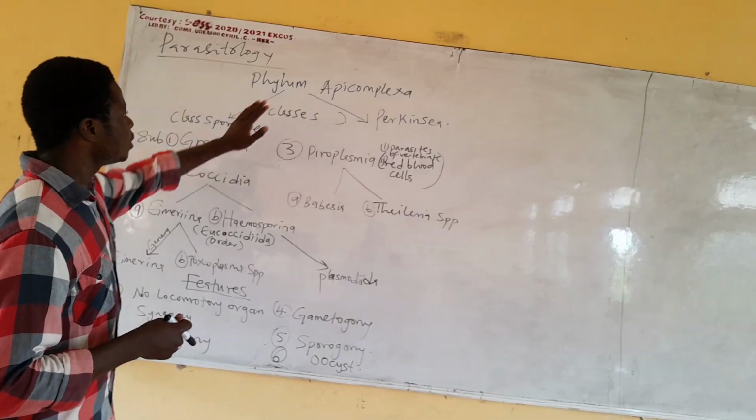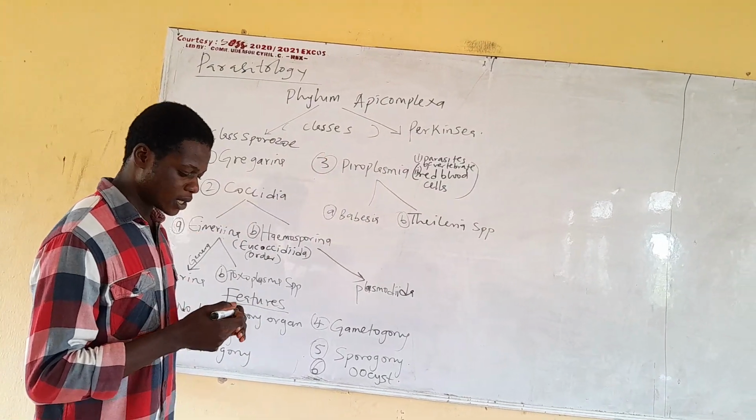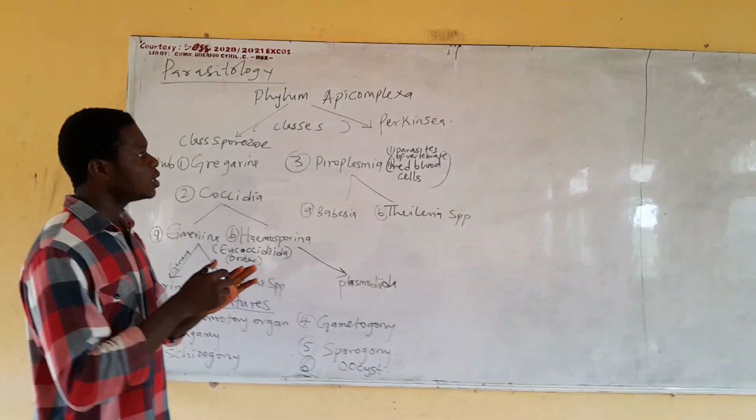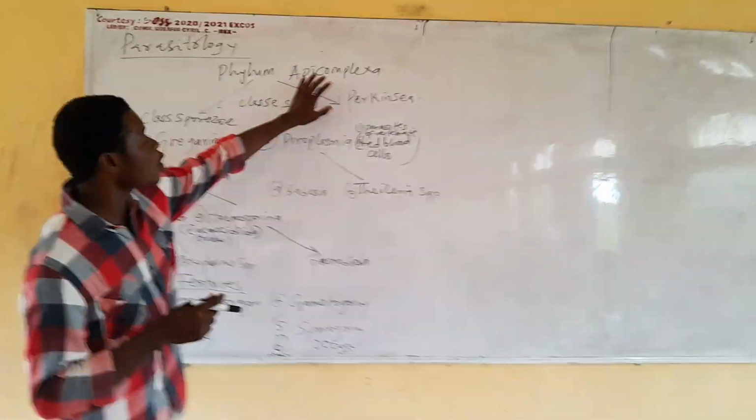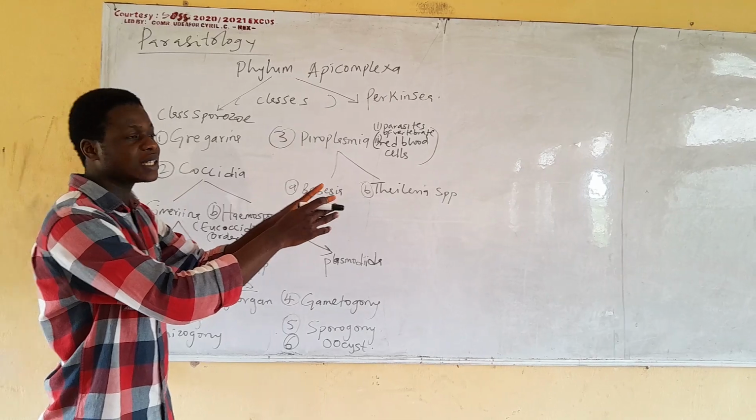So the phylum Apicomplexia, and what is the meaning of Apicomplexia? Like we said in our former class, Apicomplexia gets its name from the apical form, the apex shape it has.